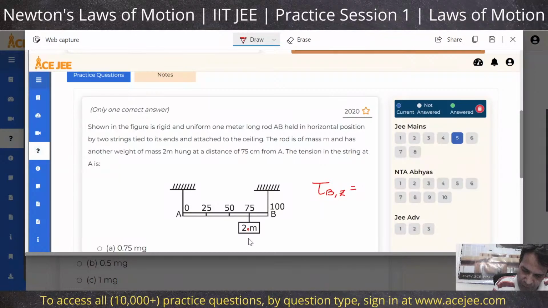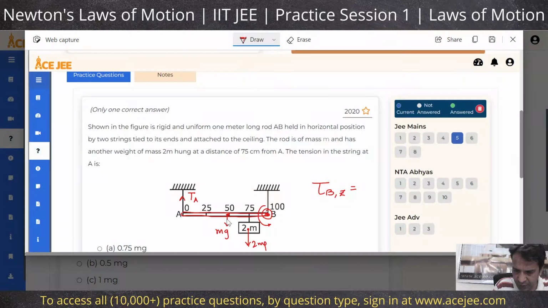So this mg acting downwards, this tension acting upwards. I'm talking about torque, net torque on this rod. Okay. So about the point B, this 2mg is trying to twist it like this, with the torque vector coming out of the screen.